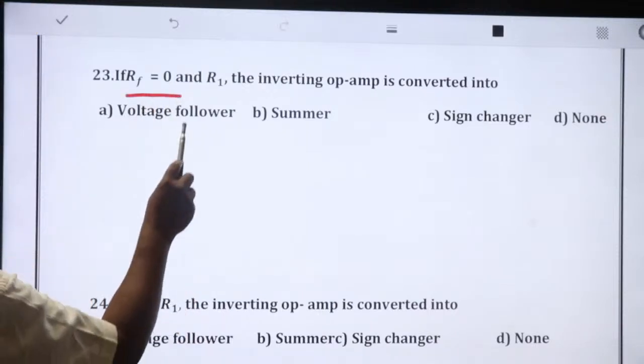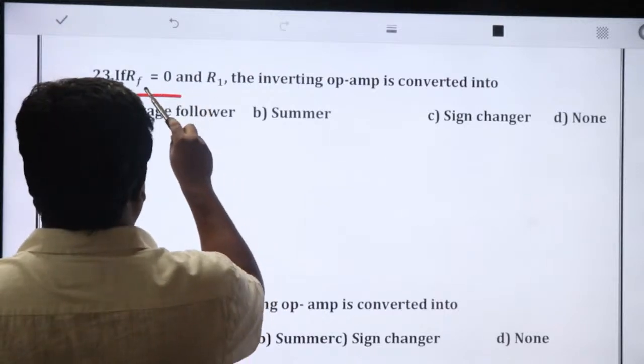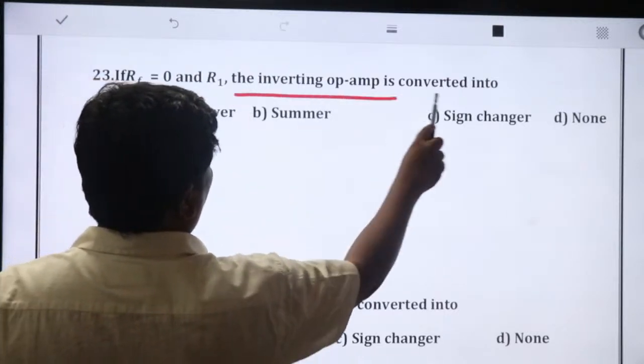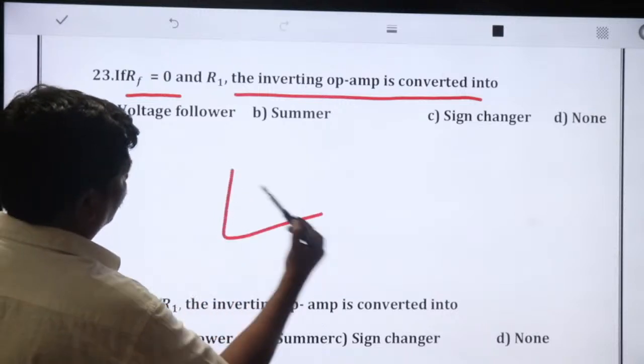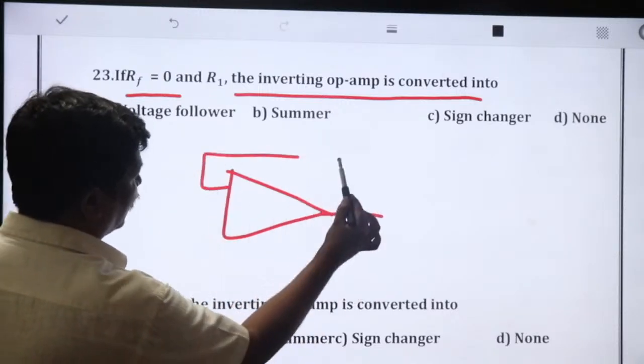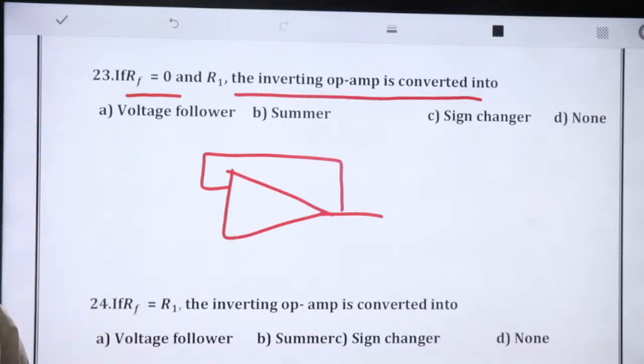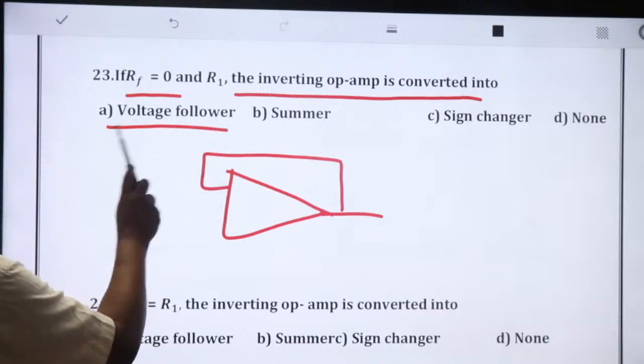If Rf is equal to 0, the inverting operational amplifier is converted into what? Rf equal to 0 means the feedback element is 0. It is like a voltage follower.